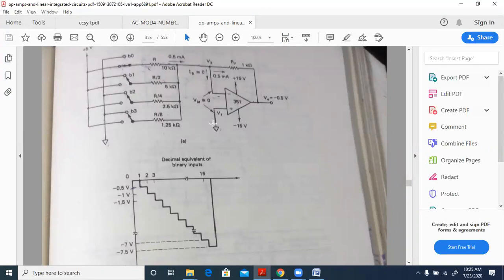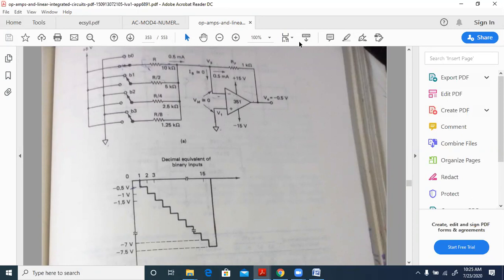So that will be 2 to the power of 7, R by 128. If R is 1 megohm, then 1 megohm divided by 128 will be the value of the resistor. Such will be the variation of the resistors which you need for the weighted resistor DAC.